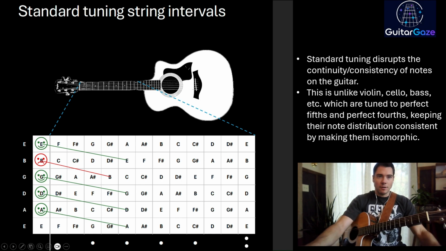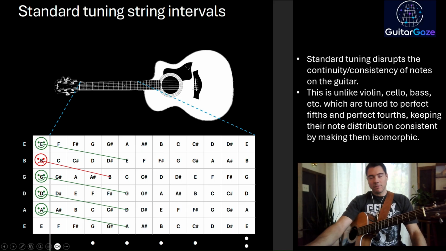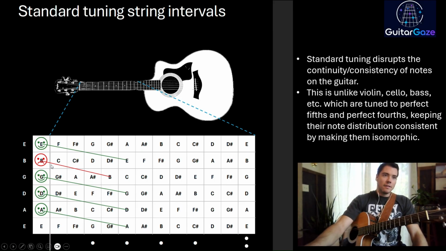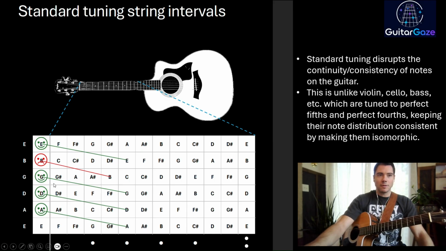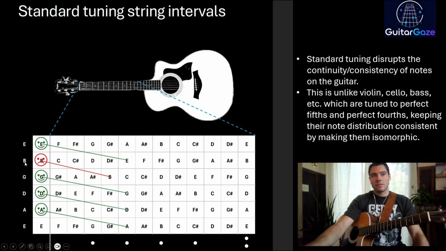For violin, it's perfect fifths. For bass, it's perfect fourths. And for guitar, purely for convenience of finger placement when playing larger bar chords and for adding color more easily to certain chords, we create this inconsistency here by tuning the top 2 strings to B and E instead of C and F, and that's standard tuning.